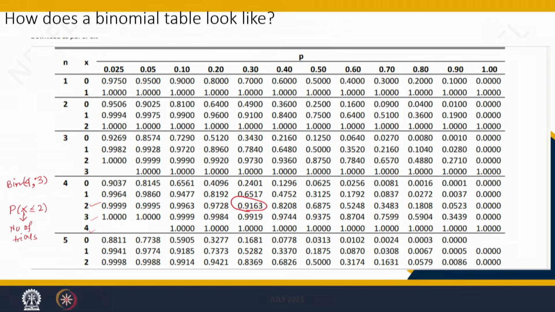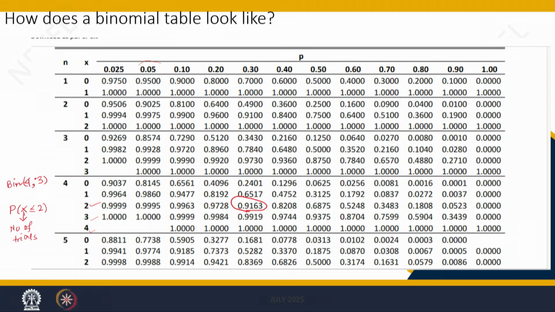And look at the right part of this table, you will find the probability of success. So, probability of success is 0.025, 0.05, so on and so forth. Now, what does this 0.9163 stand for? This is the cumulative probability.